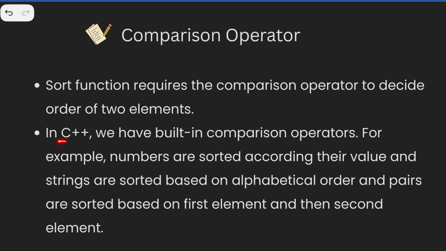In C++ we have a built-in comparison operator for most of the data types like int, char, string, right? Numbers are sorted according to their value and strings are sorted based on alphabetical order. Pairs are sorted based on the first element and then based on the second element. Same thing goes for the tuple. They are sorted based on the very first element, then the next element and then the third element.